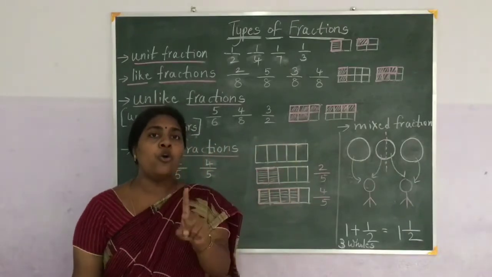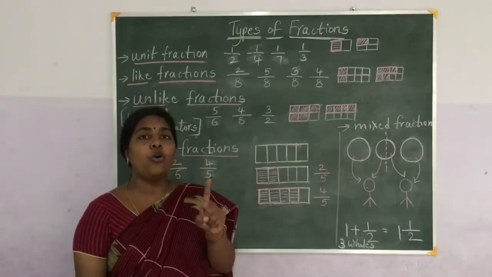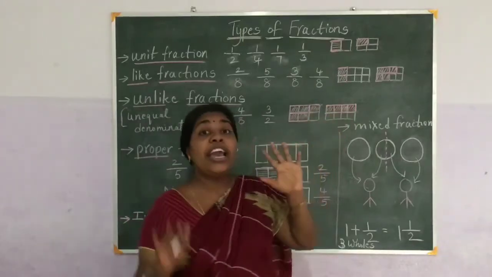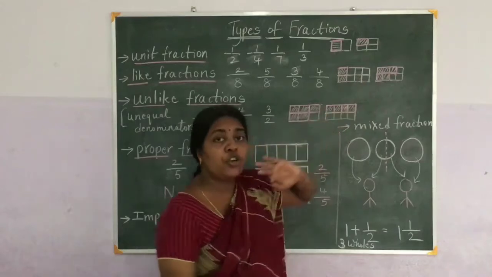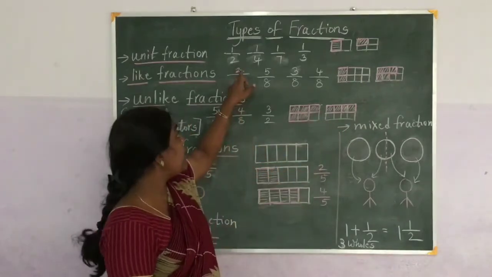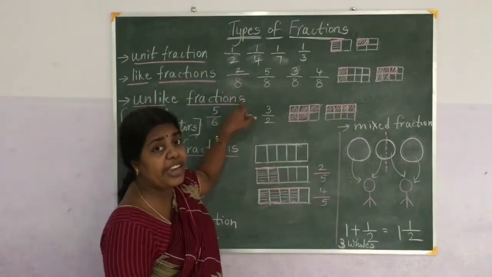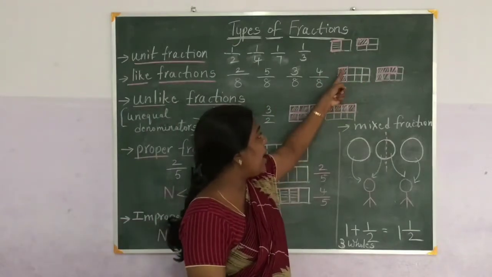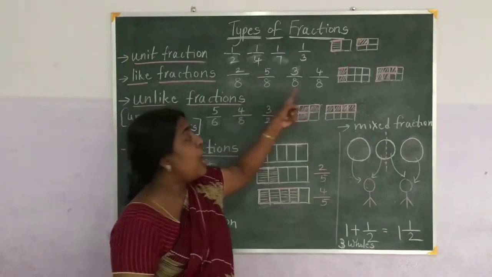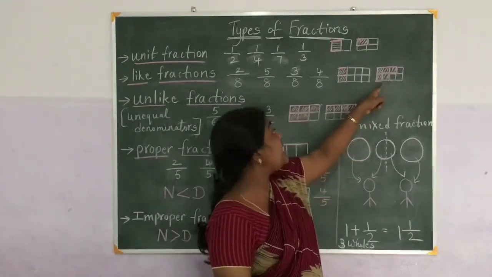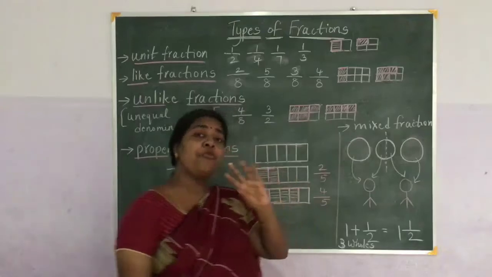That means one whole is divided into 8 equal parts. If you take the first fraction, it is 2 by 8, so out of 8 equal parts I am taking 2, and the next one is 5 by 8, out of 8 equal parts I am taking 5.